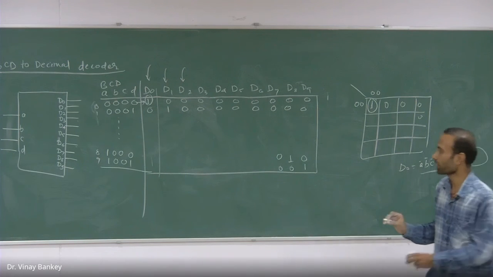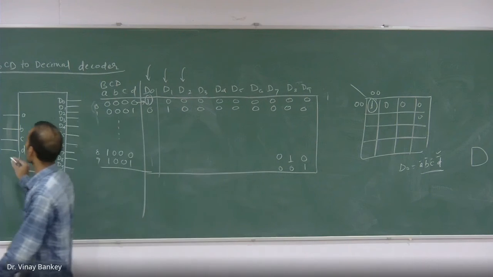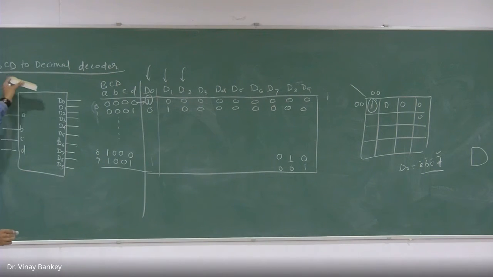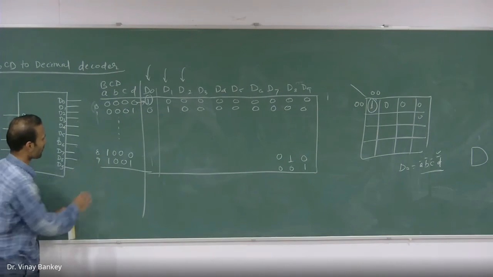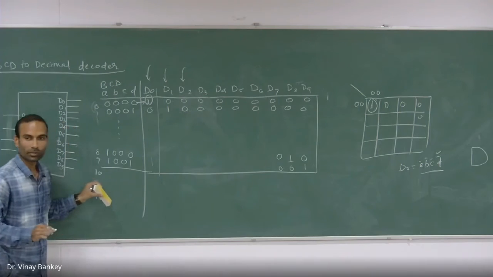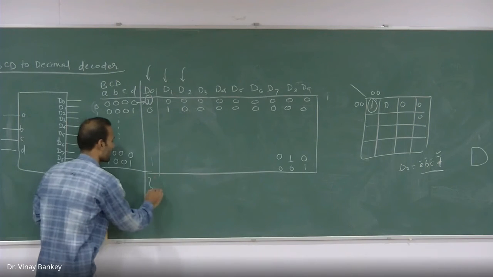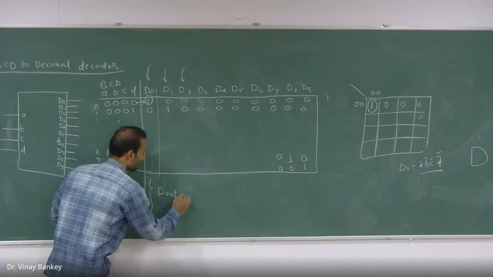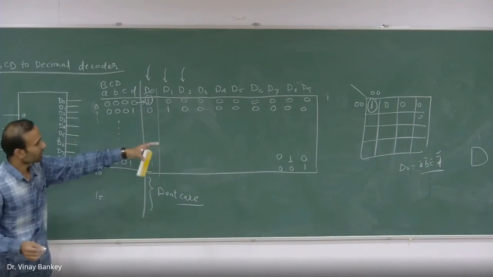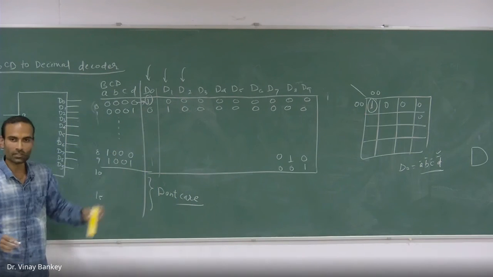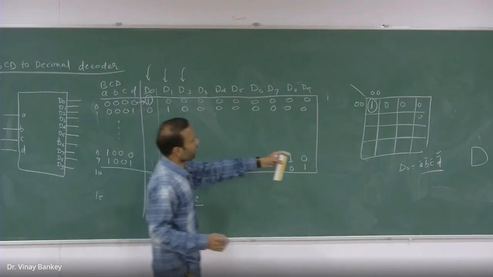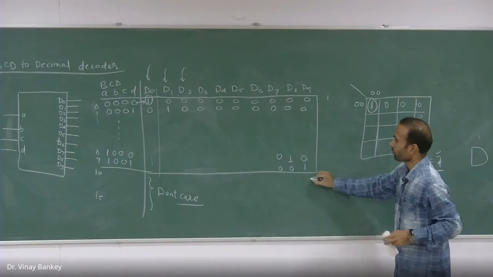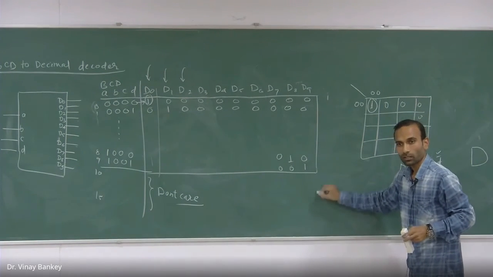But what happens when the question says to implement or obtain a BCD to decimal decoder considering the unused combinations of the BCD inputs? Here we have 10 to 15 as unused combinations of these 4 inputs. If we consider these as don't care, the implementation of D0 to D9 will change definitely, because whenever you are filling this K-map, from 10 to 15 this will become don't care.